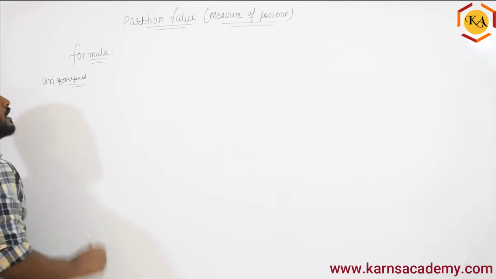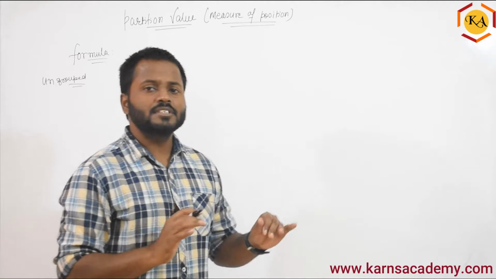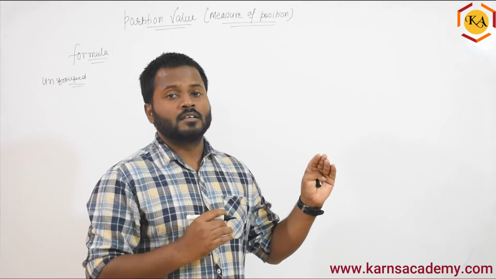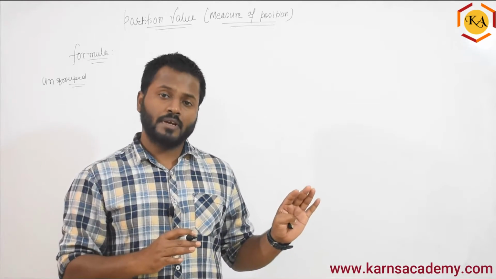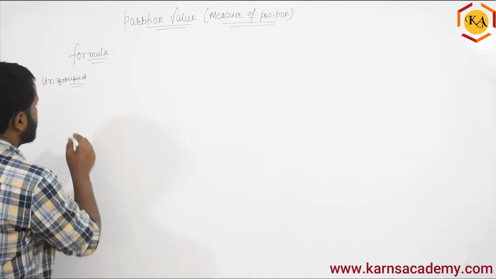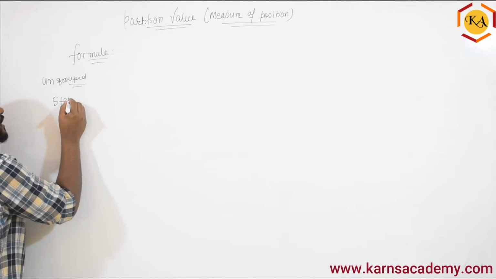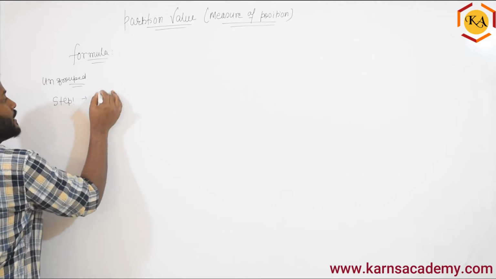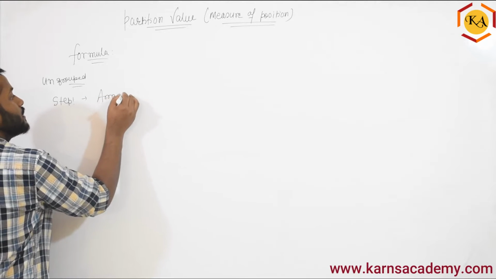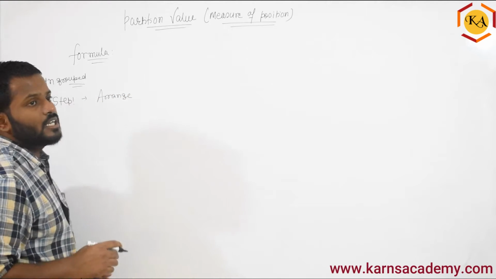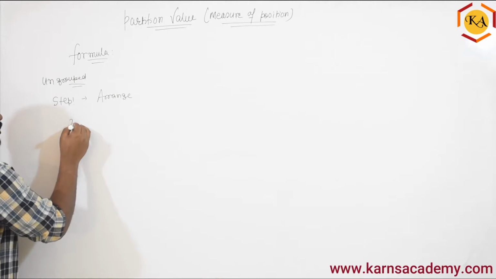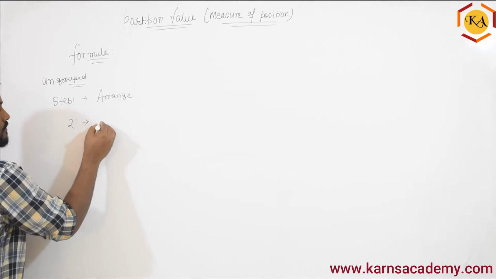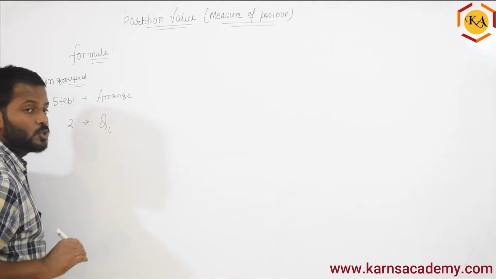Ungrouped data. Whatever steps you have done in the median, the same steps we are going to follow over here. What was the first step? Step 1 for the median, if you remember, is to arrange the data in ascending or descending order, very simple. Step 2: if it is quartile, I am going to write Qi.